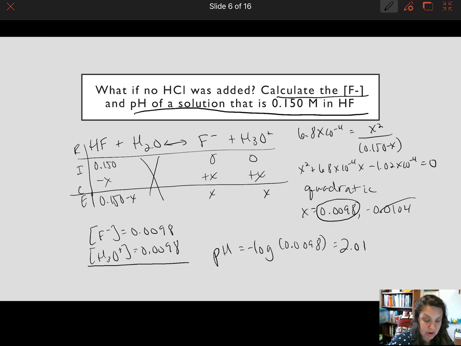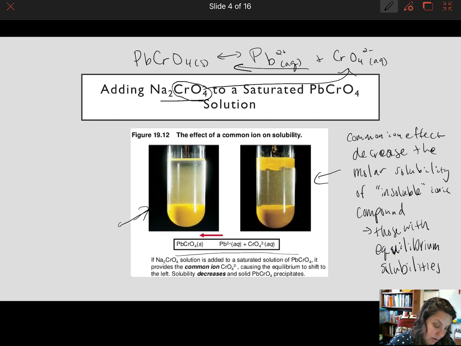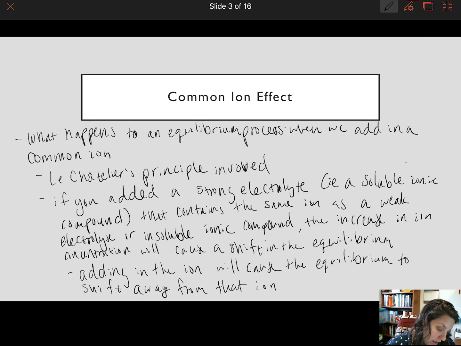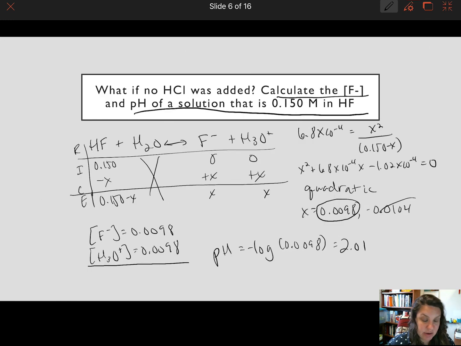And I wanted to show you guys this because I said on here that if we add in a common ion to a weak acid, we would decrease the dissociation, which means we would produce less hydronium, which means we would have a higher pH with a common ion, which is not what we see here.